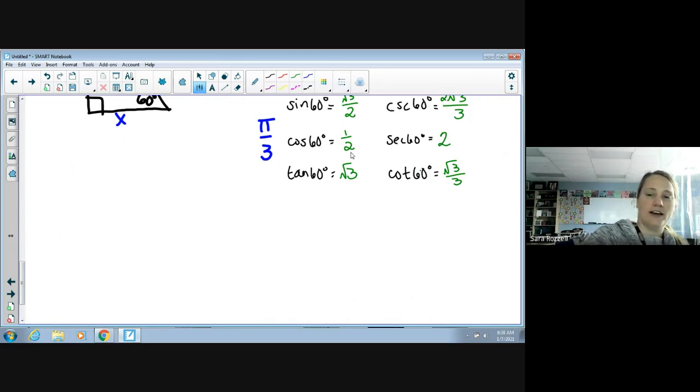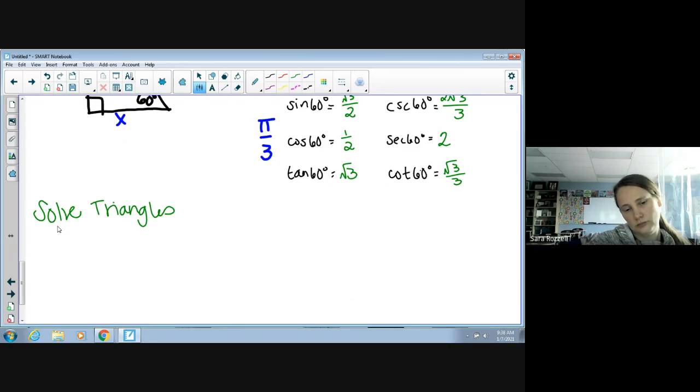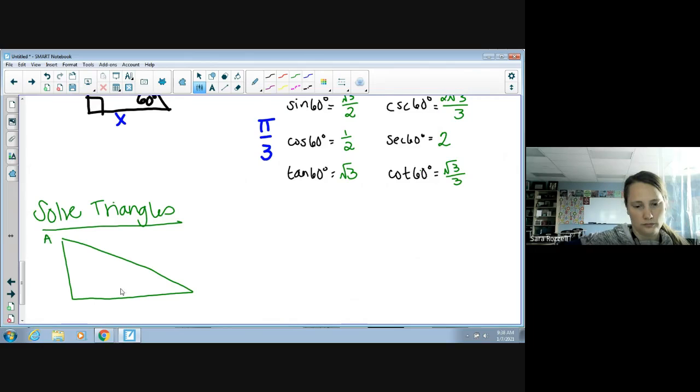So this section is really about finding 6 parts of everything, really, to solve triangles. So what we want to do is figure out what the two sides are that we don't know, and also the angles that we don't know.